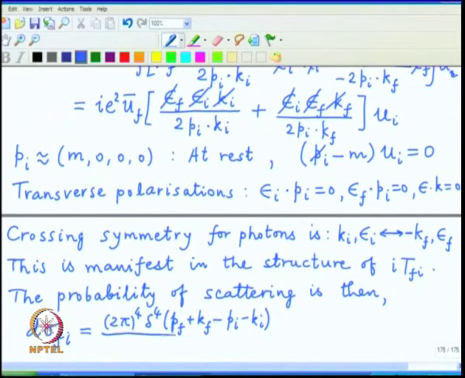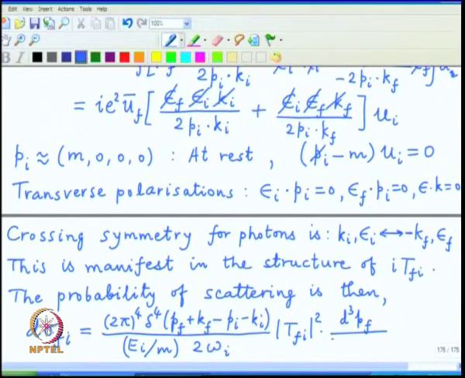So, that is the scattering part, and the wave function normalizations of the initial states for the electron gives E by m, and for the photon it gives twice omega. Then there is a factor of T f I square, and then one has to now include the final state differential volume elements for the electrons and for the photons.